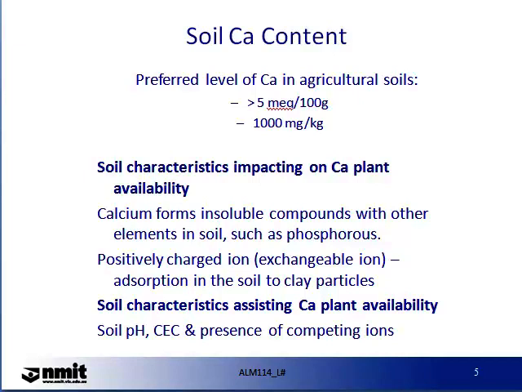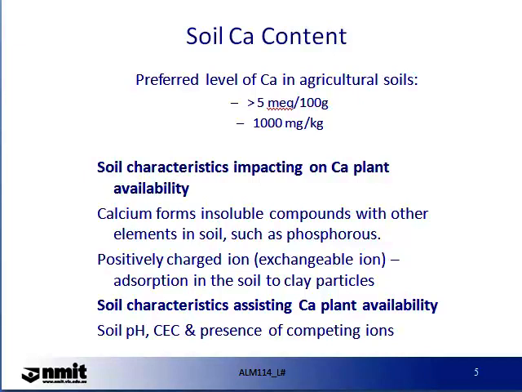Now let us talk a little about soil calcium content. The preferred level of calcium in agricultural soils is greater than 5 milliequivalents per 100 grams, or 1,000 mg per kilogram. There are certain soil characteristics that impact on calcium plant availability.